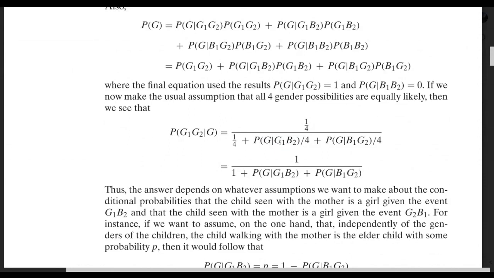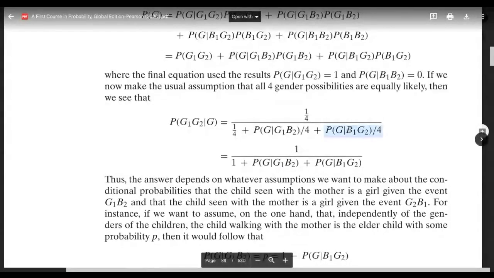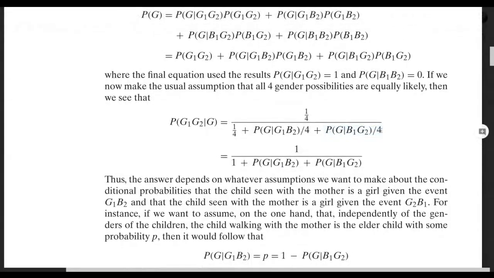Also, for the first child a girl and second child a boy, that's 1/4. Then given that, what is the probability of the girl being seen? And also the first one a boy and second one a girl, that's 1/4.